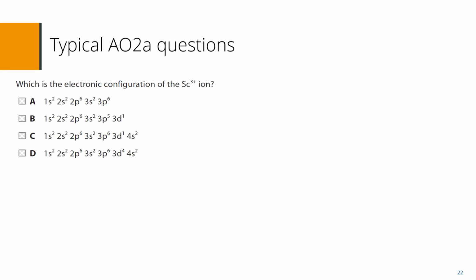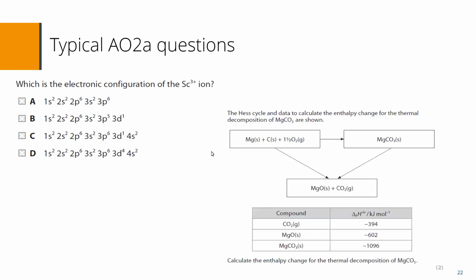Therefore they have to apply their knowledge of, one, the electronic configuration of the scandium atom, and secondly, the knowledge of which electrons are removed first when the transition metal, well, this is a transition metal, when the D block metal atom forms an ion. So that is AO2A.